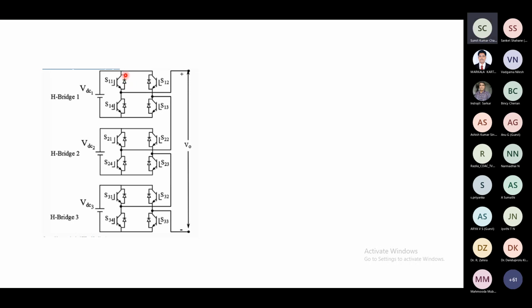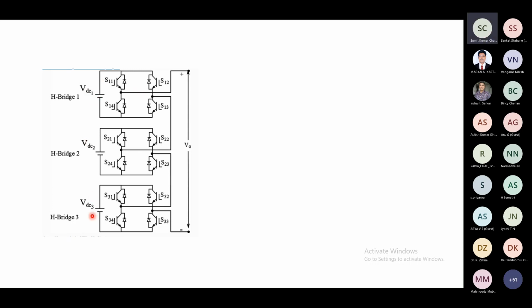So what happens here? Basically, the total output voltage, whatever we need, gets distributed between these 3, and then instead of the 3 levels we would have got with a single bridge, that's plus VDC1, minus VDC1 and 0, now how many levels can we get?